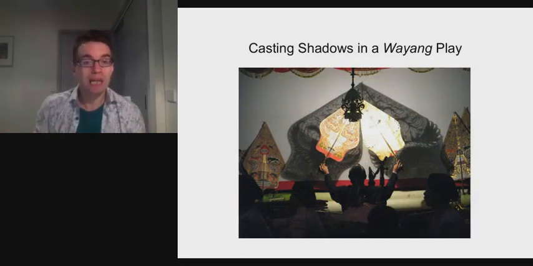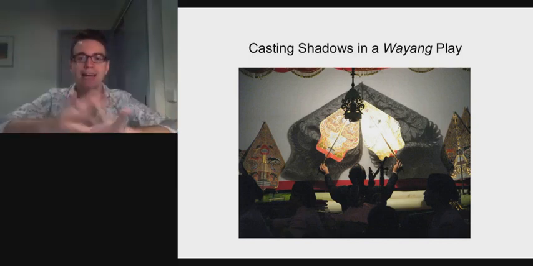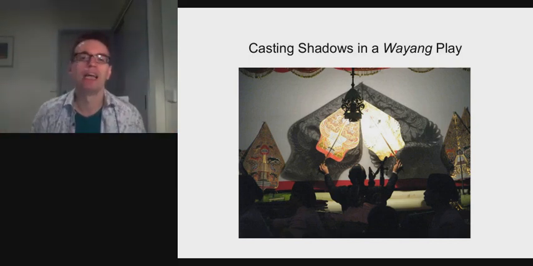In this screen, we can actually see the dalang, or the puppet master, moving the Kayon or the Gunungan to signify the start of the performance or a scene change.